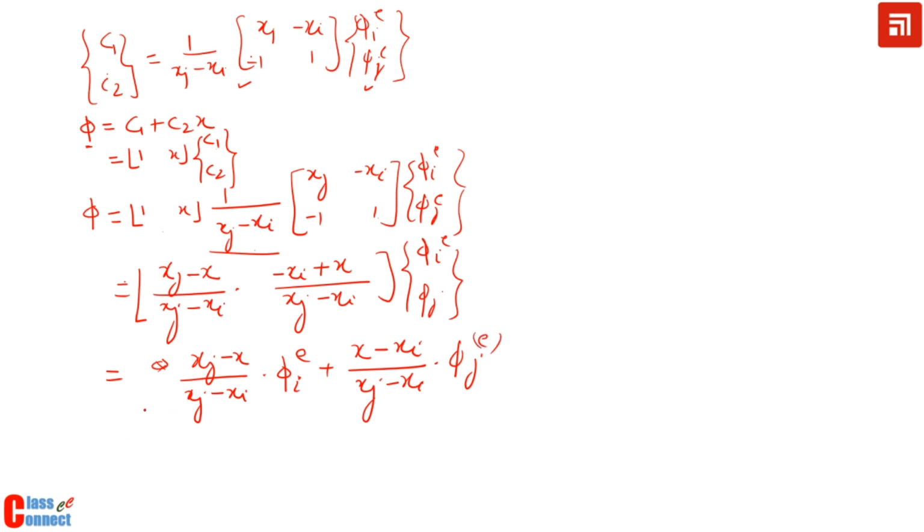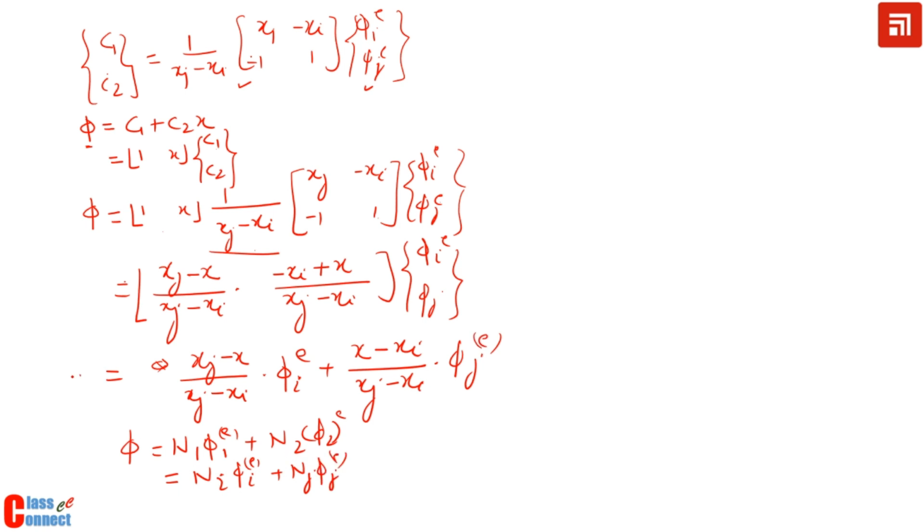So now I can write the other equation that we are using from the beginning, that is phi is equal to n1 phi 1 e plus n2 phi 2 e. Or for this i and j notation, we can write ni phi i e plus nj phi j e.